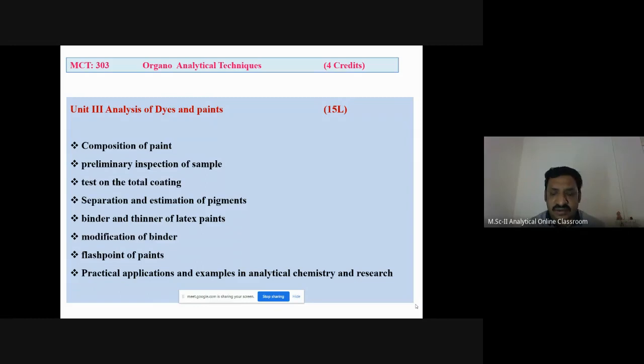So this example, whatever you are doing in dyes, is related to research, and we will see already reported papers in analytical chemistry. I think only 2 to 3 points remain in this topic: latex points, flash points of paints, and examples.